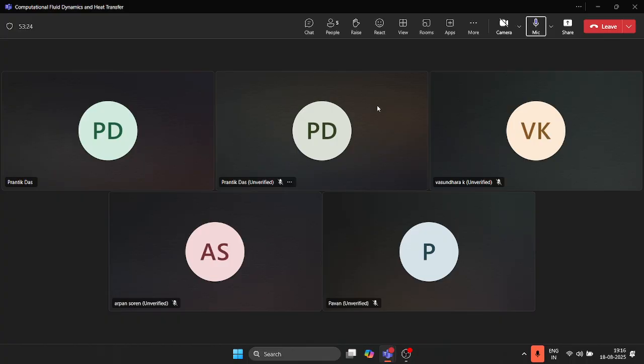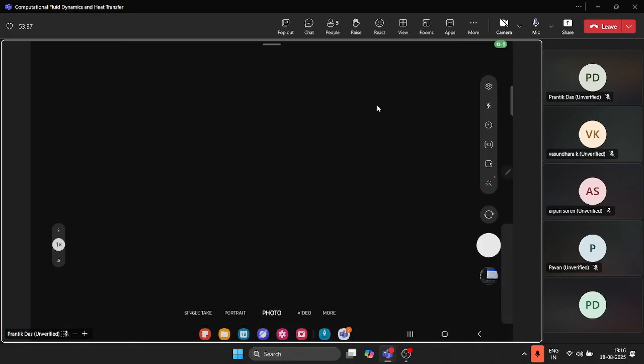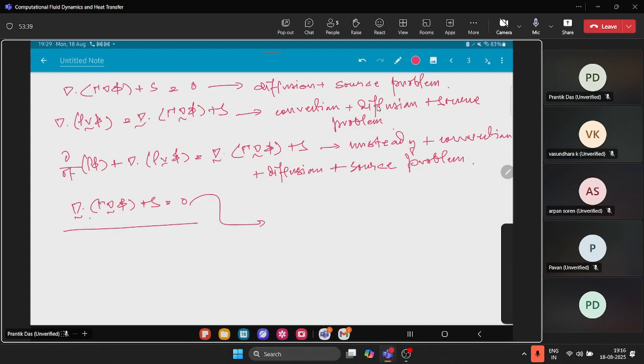Let me share the screen. Then we are going to solve this by using the central difference method. Okay, so is it clear up till now?